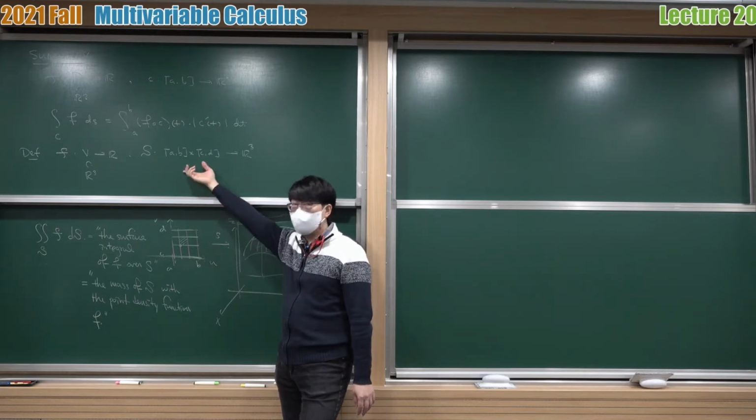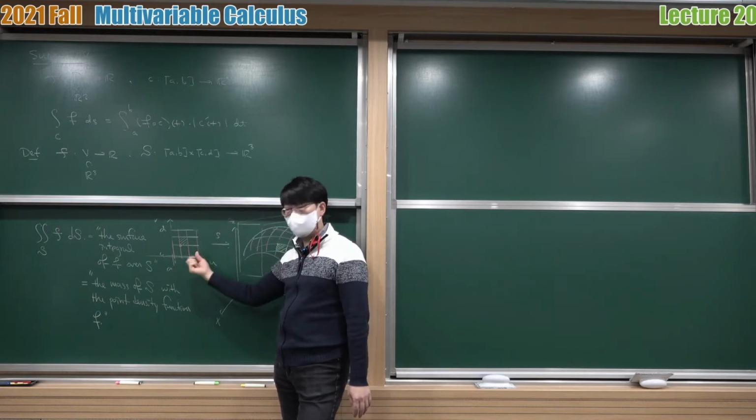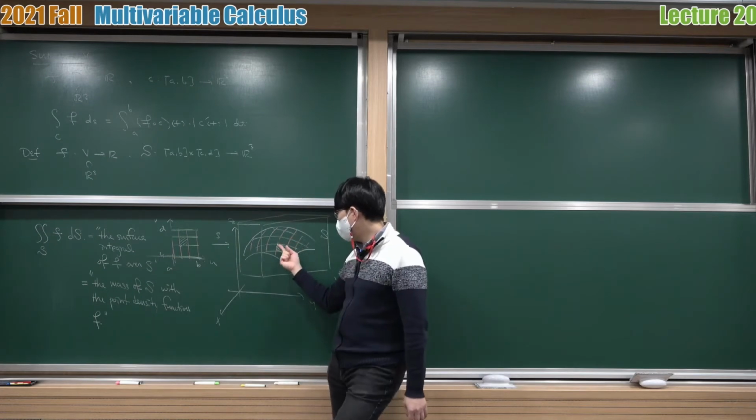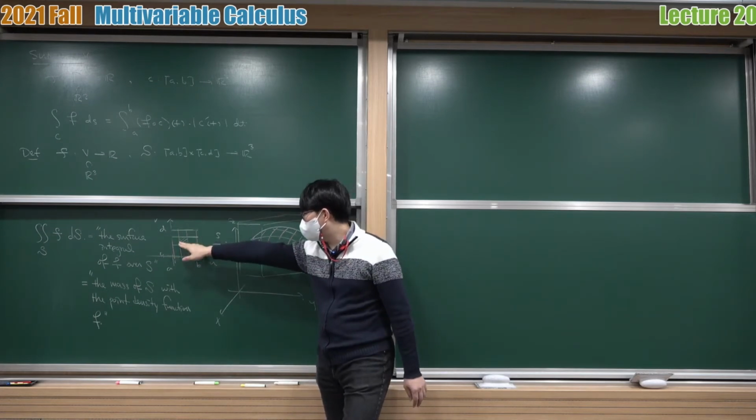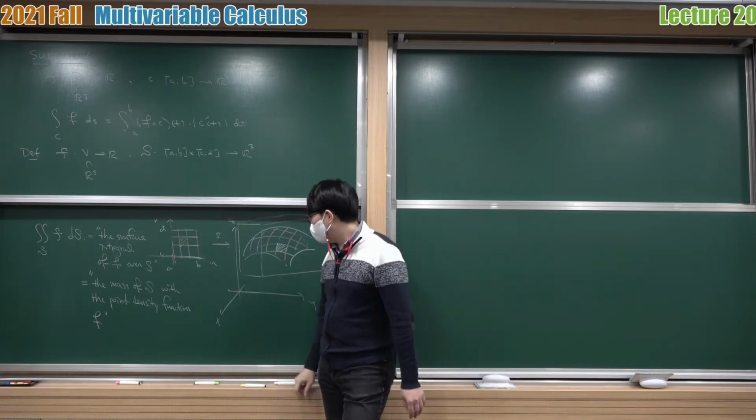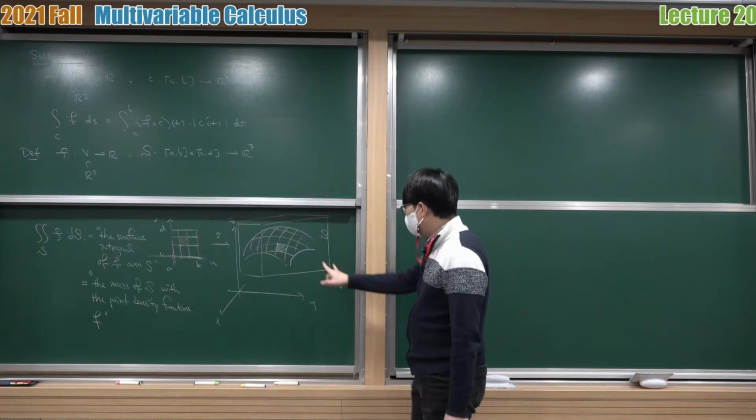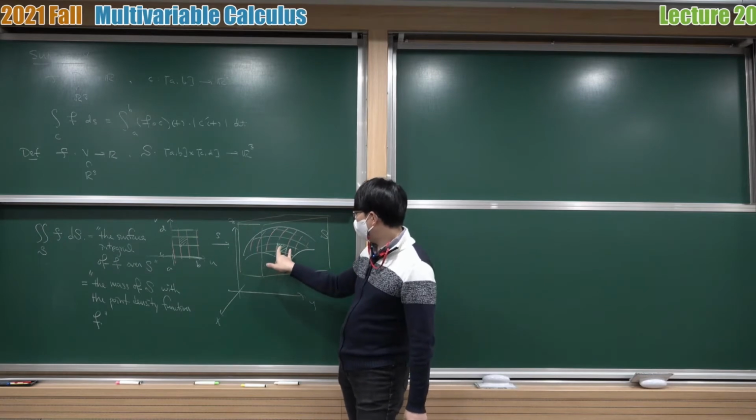But this rectangular domain is already a two-dimensional space. If we are taking a small portion here, corresponds to a small rectangular region in this domain, then how do we get the area of this small portion?